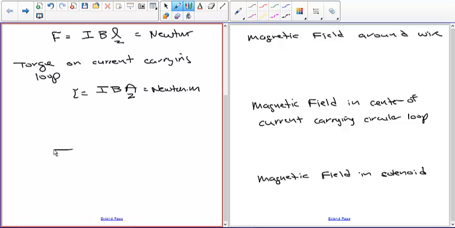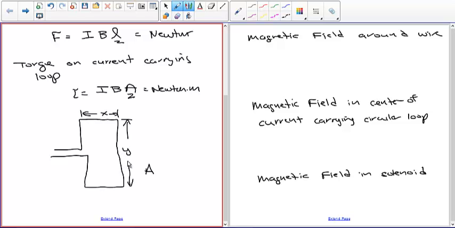We were looking at this the other day. Here's my current carrying loop, and say this is the x dimension and this is the y dimension, so the area is just x times y.